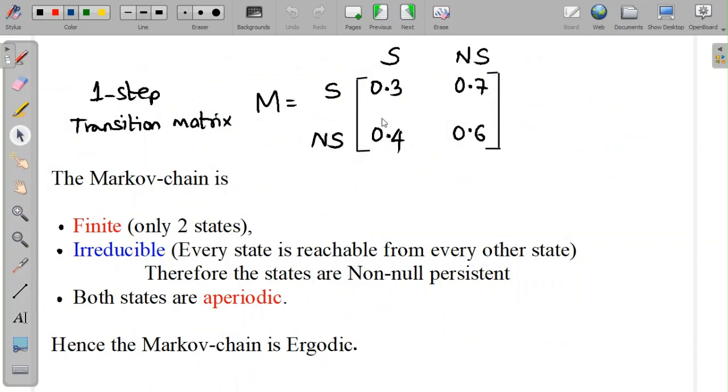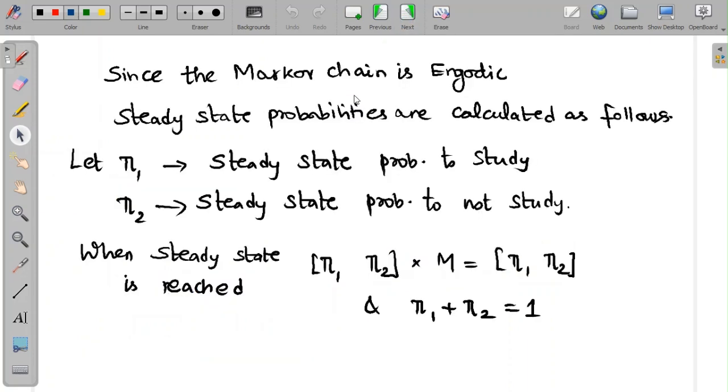And because the chain is ergodic, we can apply the concept of the steady state probabilities here. So we'll call the two states, studying and not studying, 1 and 2. Their steady state probabilities are phi 1 and phi 2. Phi 1 is the probability that the student will choose to study, and phi 2 is the probability that the student will choose not to study.